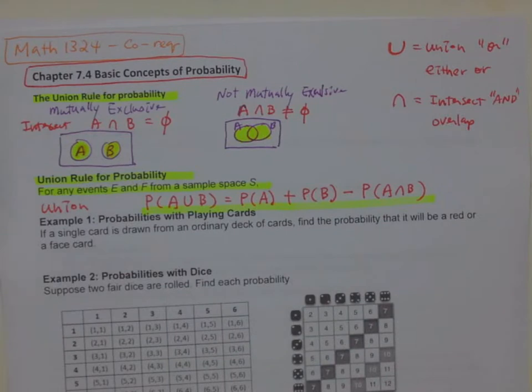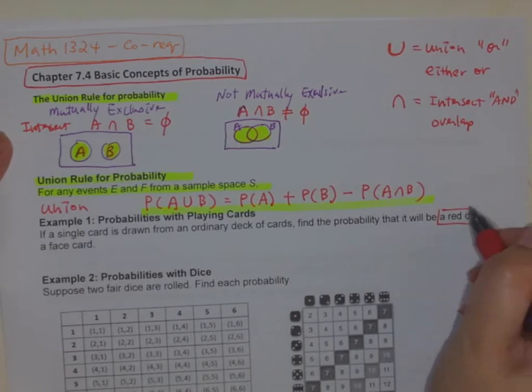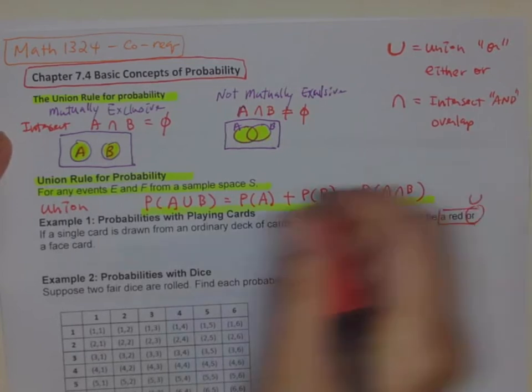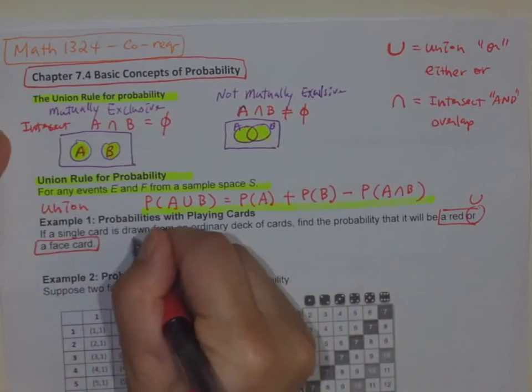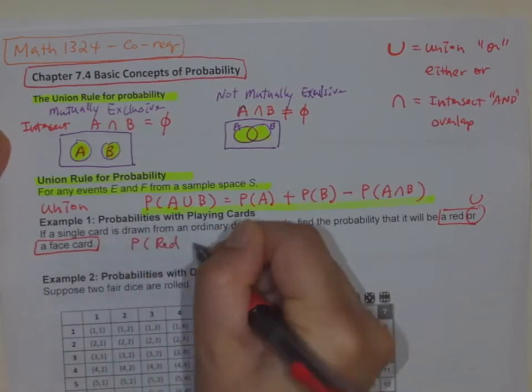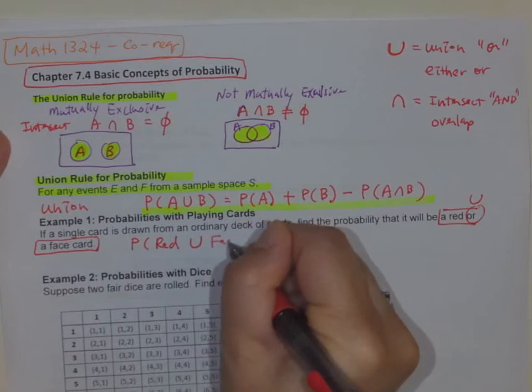Okay, so let's try the first example. It says if a single card is drawn from an ordinary deck of cards, meaning 52 cards, find the probability that it will be a red or, meaning union, either/or, a face card. So we will say probability of red or a face card.